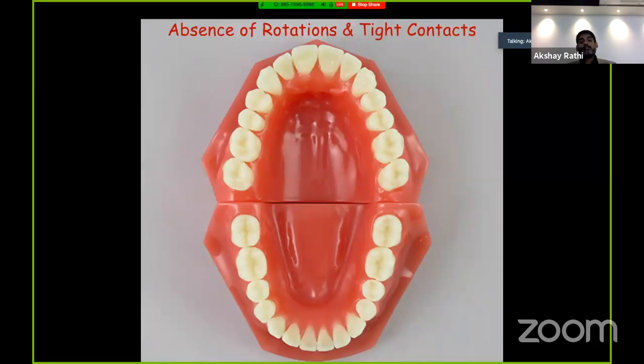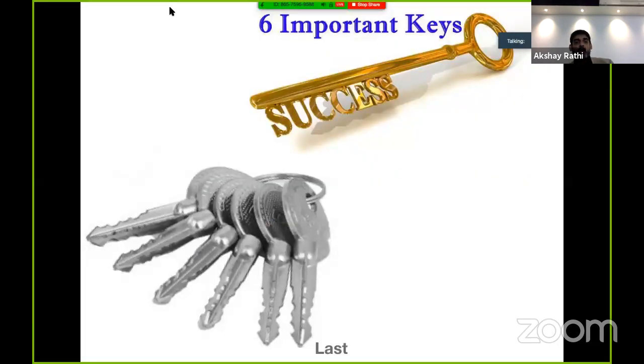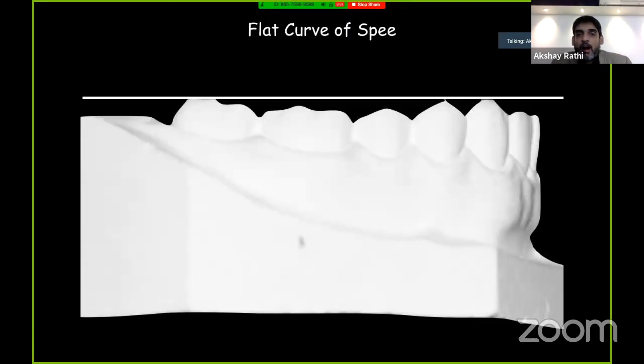And coming to the sixth key, on which I will spend some more time with you. The sixth key to normality is with respect to having a flat curve of Spee. Now, what is this curve of Spee?